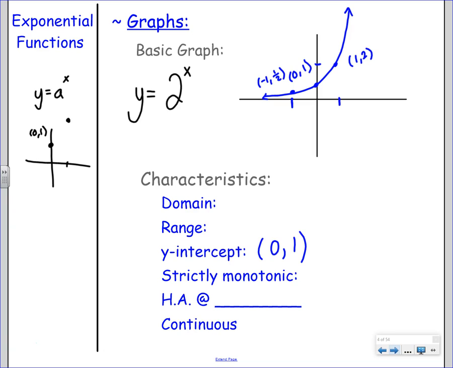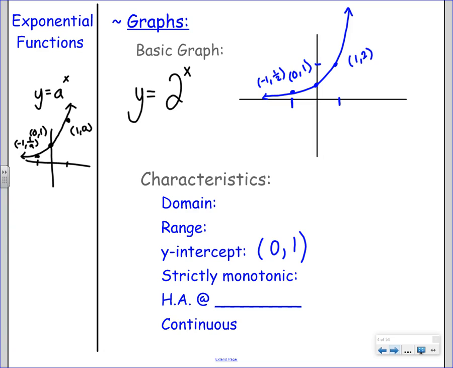This one it was 2, because that's my a. But at 1, I'm always going to have a, and at negative 1, I'm always going to have 1 over a. So any exponential function is going to have a y-intercept at (0, 1). When x is 1, it'll be at a. When x is negative 1, it'll be 1 over a. Always going to be the case. Those can be like our 3 representative points.